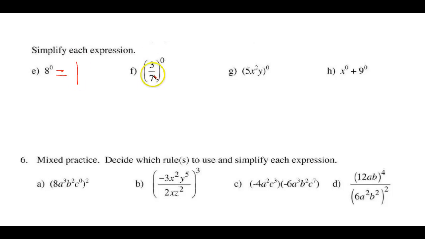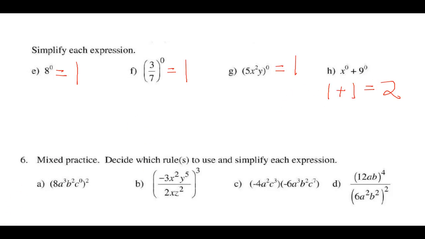A fraction in parentheses to the 0, that's 1. This expression, because of the parentheses to the 0, that's 1. Now here, x to the 0 is 1. 9 to the 0 is 1. 1 plus 1 is 2, because they asked us to simplify.